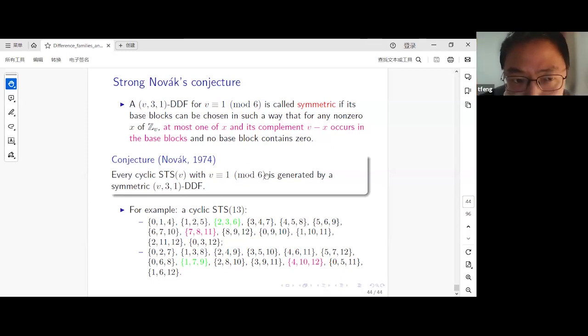I wonder whether this has something to do with that obvious upper bound on the number of disjoint base blocks.